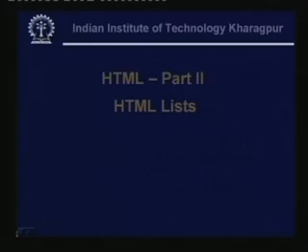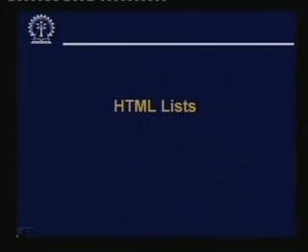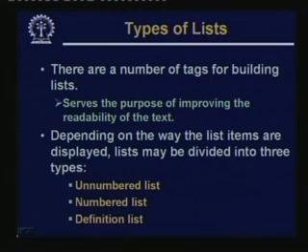Continuing with our discussion, today first we shall be looking at how we can specify and construct lists using HTML tags and attributes. So, the first thing we would be talking about today are HTML lists. There are a number of tags which can be used for building these lists.